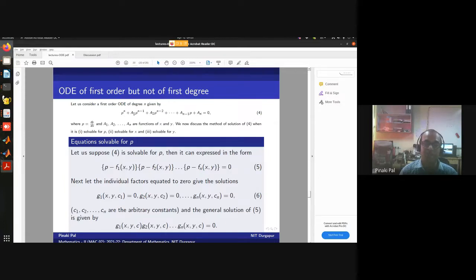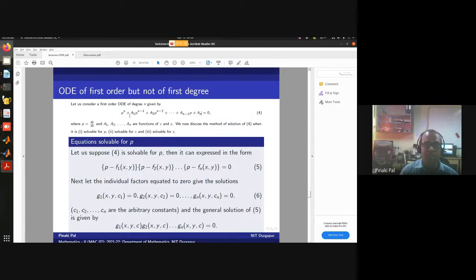This has been written in polynomial form in terms of the first order derivative dy/dx. The first category of differential equation we can handle under this type is the equation which is solvable for p.